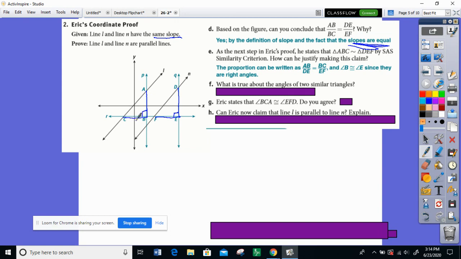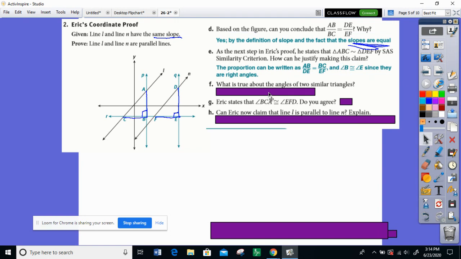So if we're looking for a side angle side similarity relationship, bottom side lengths are proportional. In between, we have two congruent angles. The lengths of the heights are proportional, so that's side angle side similarity.